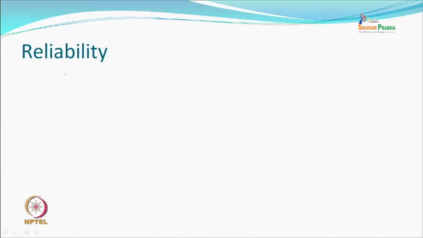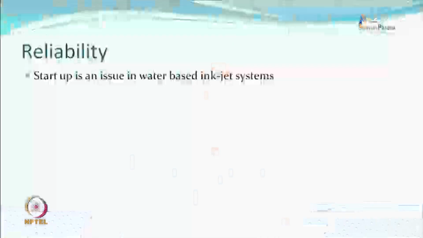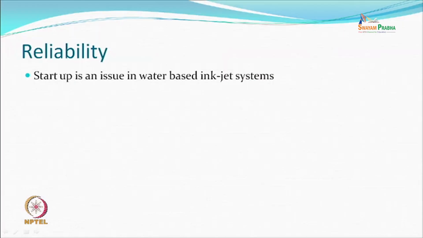So all that has something to do with the surface tension. So this is what in some sense determines the reliability of printing or jetting. So startup, which is that you start the machine and everything should come to the force, would also depend on the water-based inks, which are generally more, have this issue, and so reliability has to be increased.